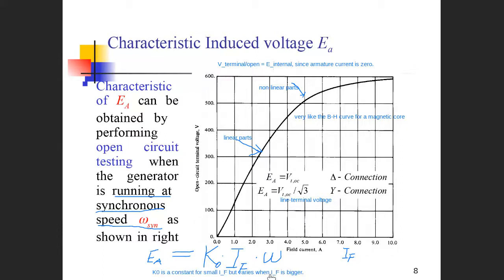Okay, generally speaking here, we're using chi 0 here. So chi 0 is a constant for small field current IF, but it varies when the IF is bigger. That's the meaning of it.